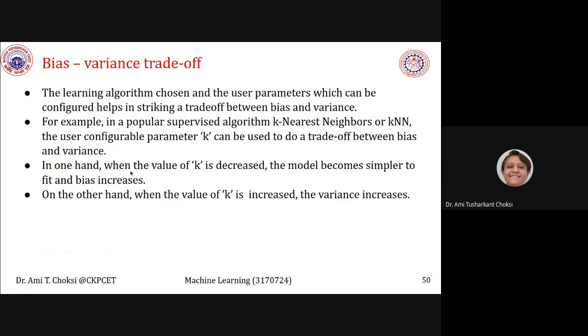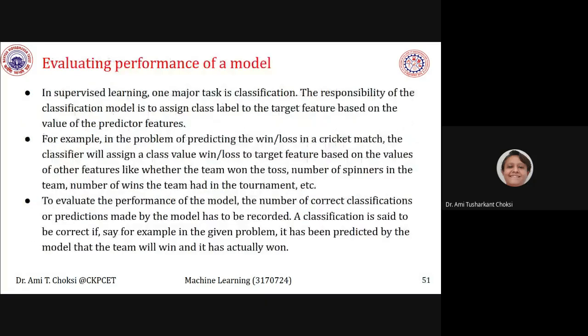On one hand, when k is decreased, the model becomes simpler and bias increases. On the other hand, when the value of k is increased, the variance is decreasing.